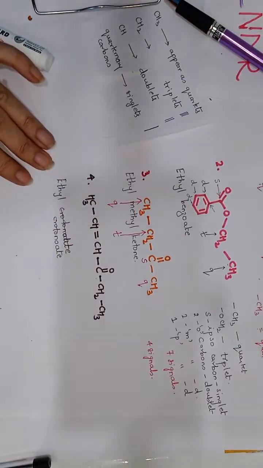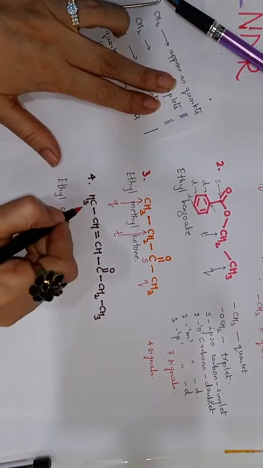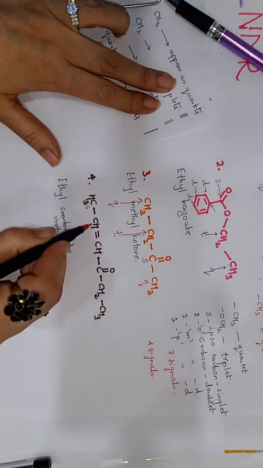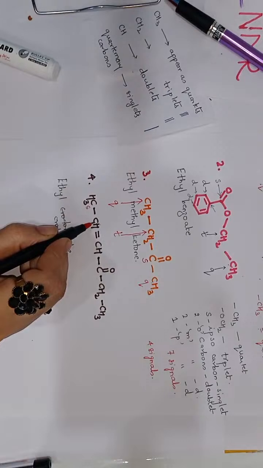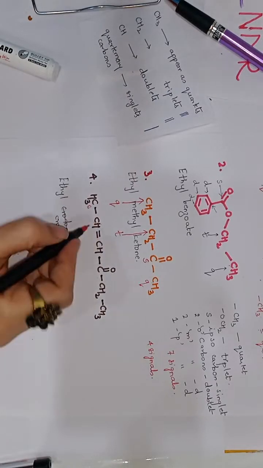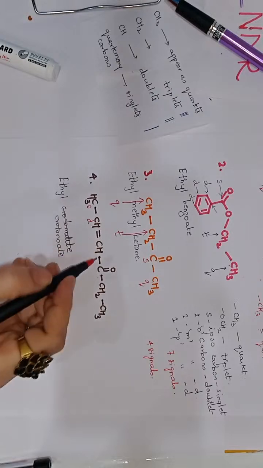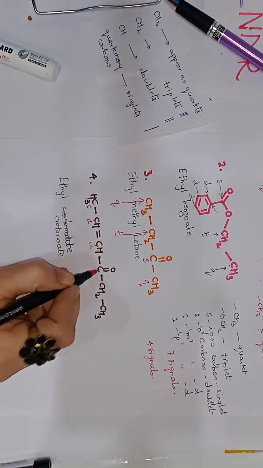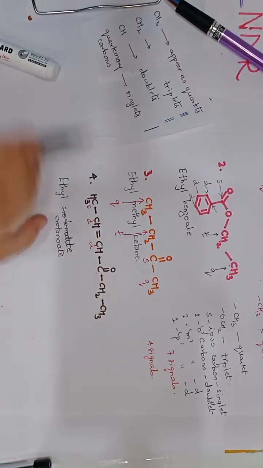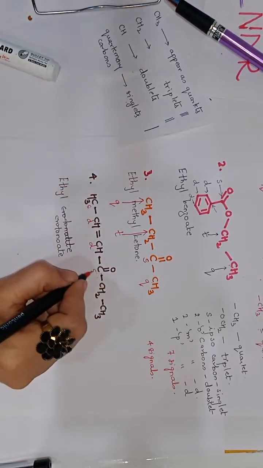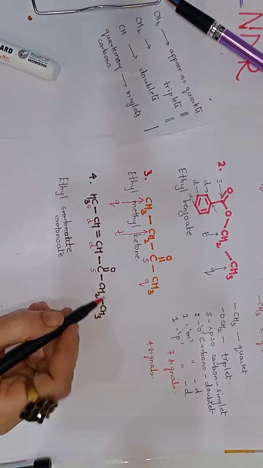It appears as a doublet. CH is a doublet. CH again is a doublet. This is a quaternary carbon. A quaternary carbon is a singlet.